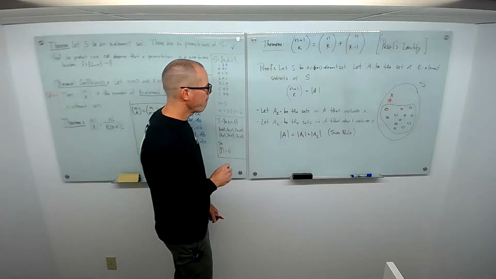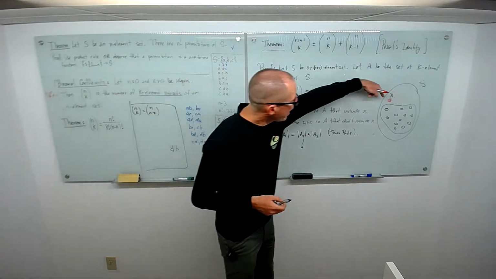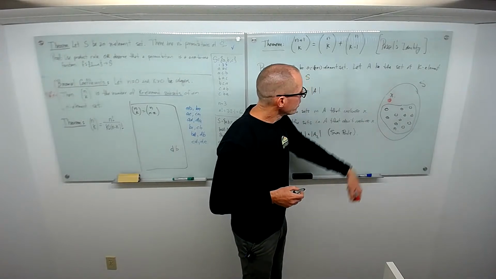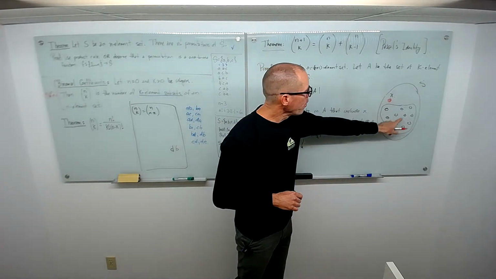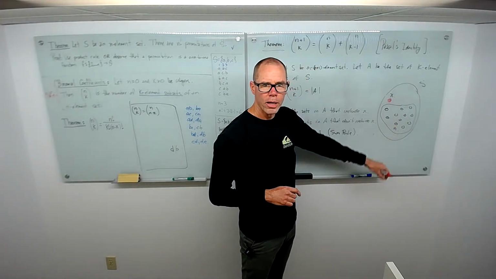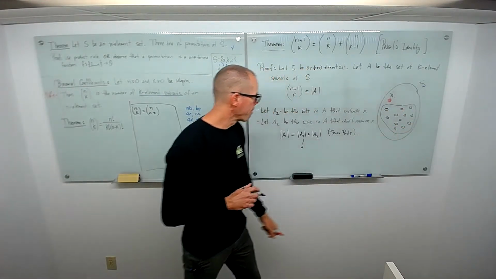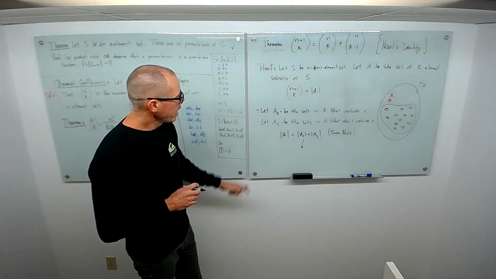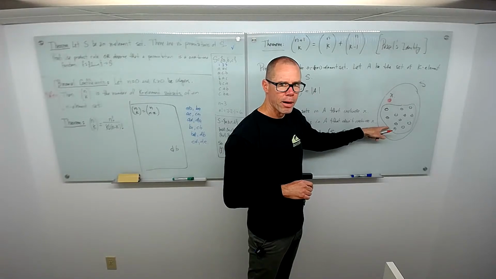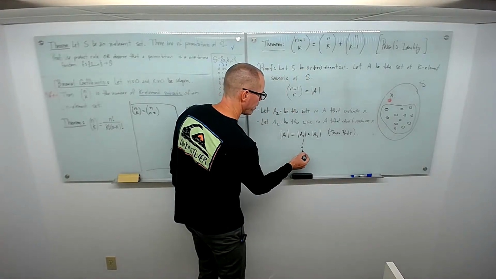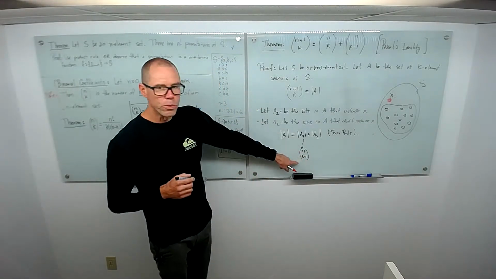Now for A1, these are sets that contain X. So a set in A1 contains X and k minus 1 other things from this set of size n. So the size of A1 must be n choose k minus 1.